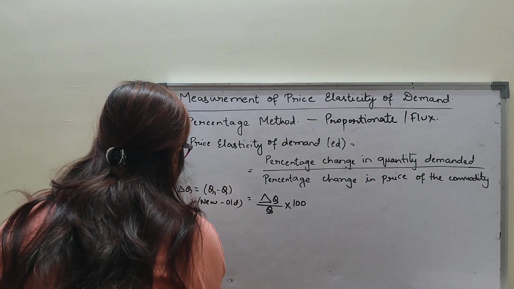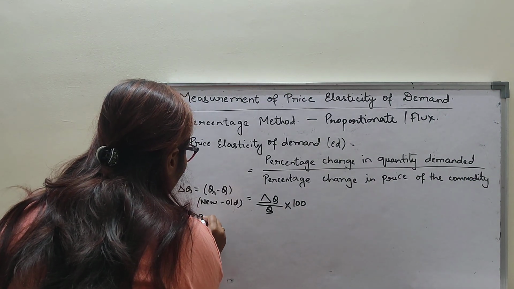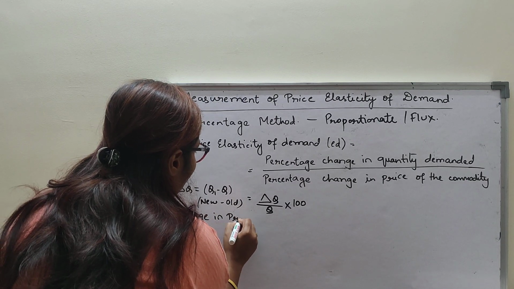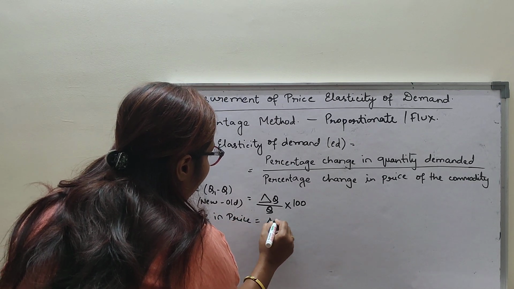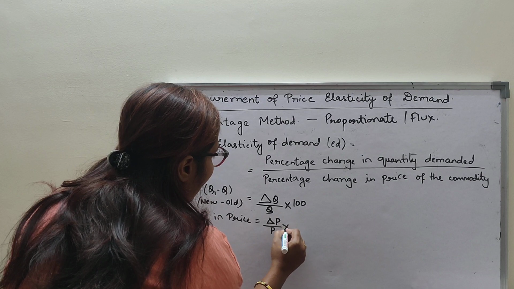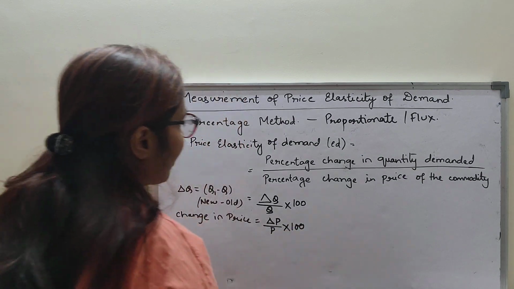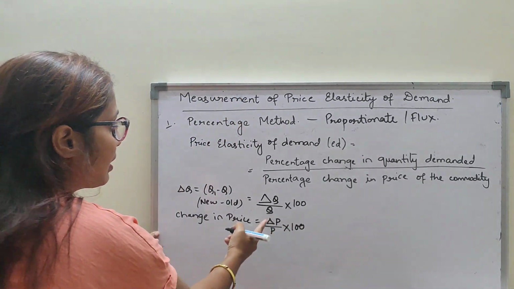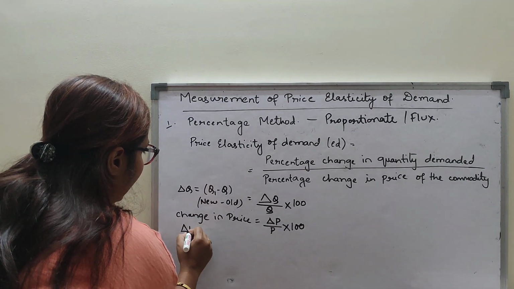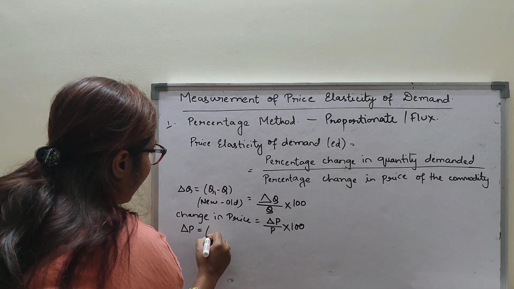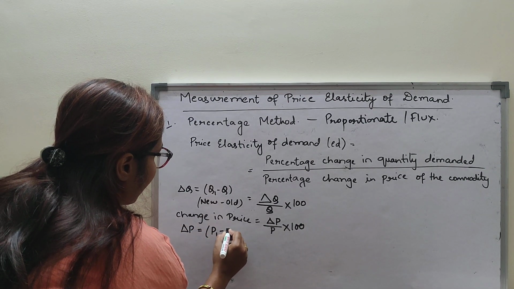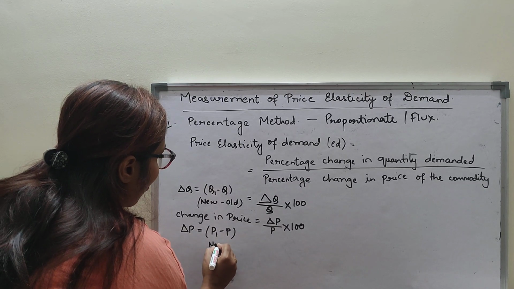Now change in price. So change in price, children, is delta P by P into 100. See, now delta P. So that means here change in price. So how can I denote delta P? That is P1 minus P. That is new minus old.